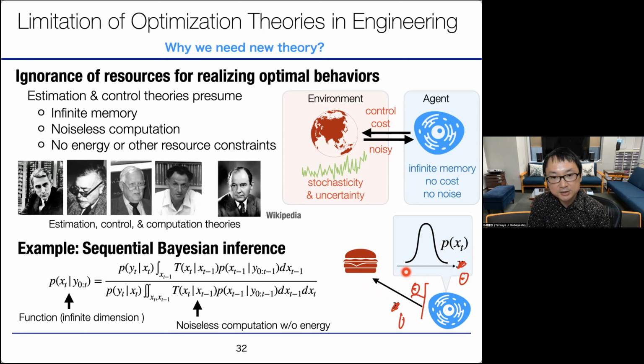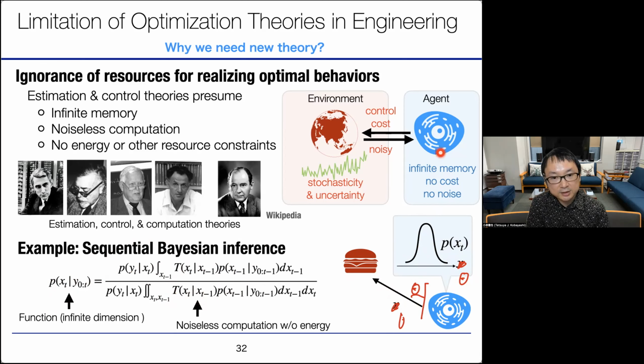So this is a function, therefore, ideally, the agent or a cell should have infinite memory to memorize it. And also, in order to compute the posterior probability, a cell or an agent should compute the right-hand side. This is Bayes' rule. So to compute this right-hand side, noise should not be introduced.